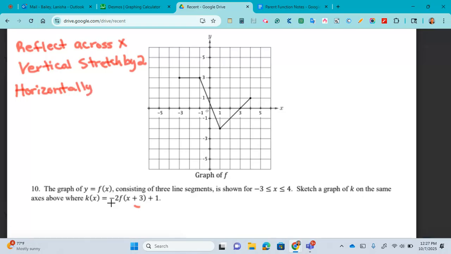Because if I write the movements, then I can actually know my new points. Left 3. All right, and that +1, go up 1 vertically. How can we say it? Up, translate vertically up by. Thank you. Perfected.